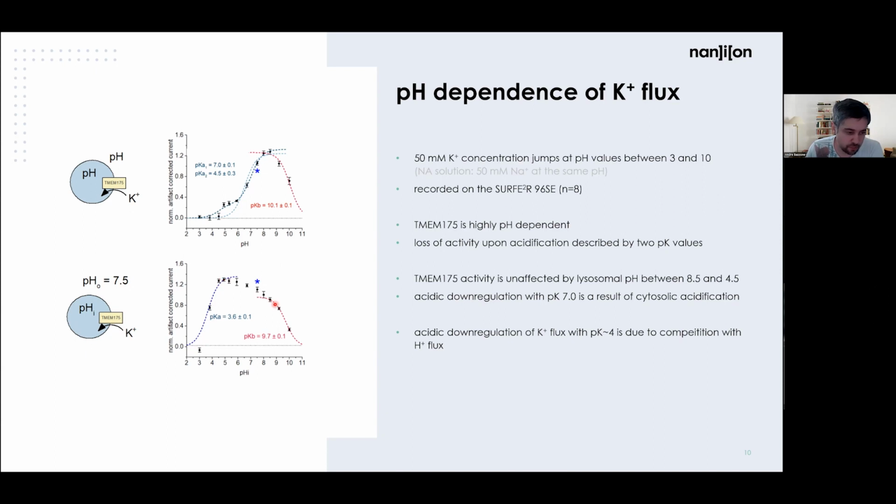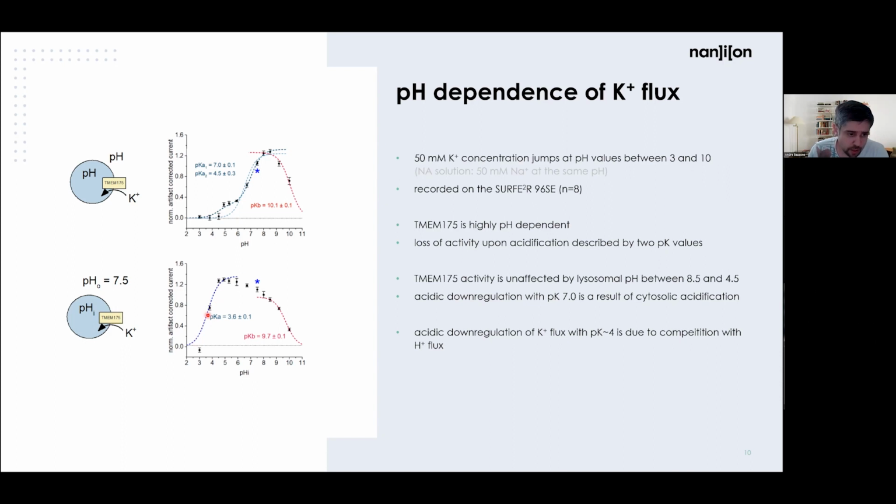As you can see, if we acidify the lysosomal pH, actually the signal increases, the activity of TMEM175 increases, which makes sense, right? Because TMEM175 is a lysosomal cation channel, and it has a naturally acidic pH environment from the internal side. But if you go lower in pH, you see the signal loss again.